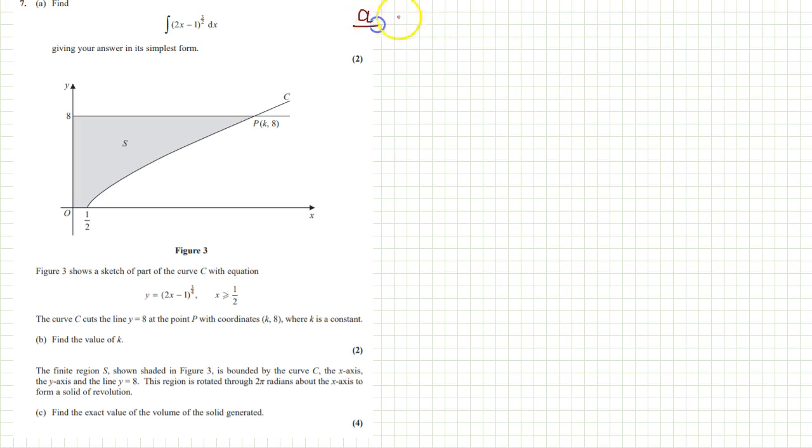Part A, find the integral of (2x minus 1) to the power 3 over 2 dx. So this is equal to (2x minus 1) to the power 3 over 2 plus 1, over 3 over 2 plus 1, plus c.